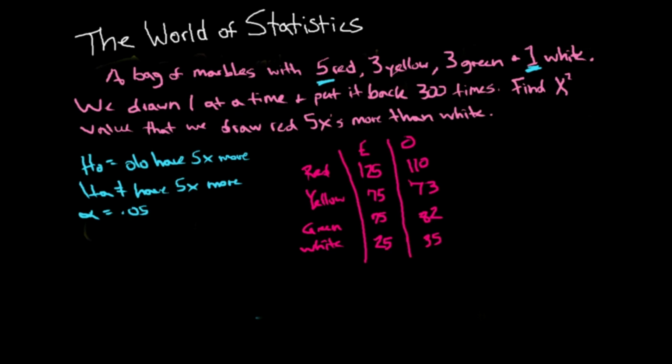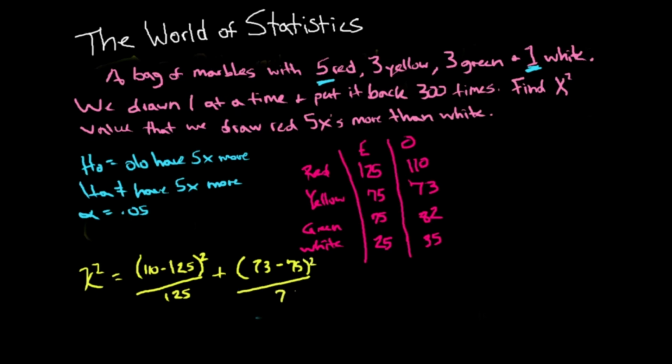So if we were to calculate our chi-squared, this would be 110 minus 125 squared over 125 plus 73 minus 75 squared divided by 75, so on and so forth. So you just take each one paired up with its observed and expected.